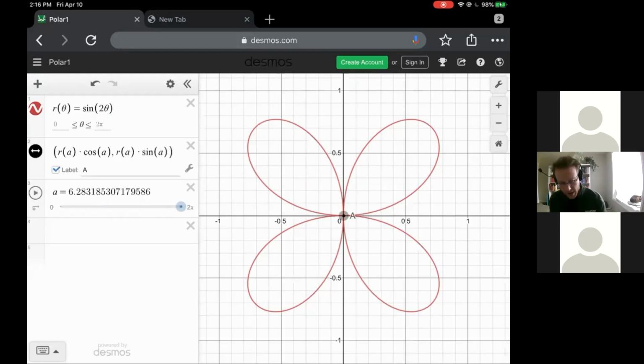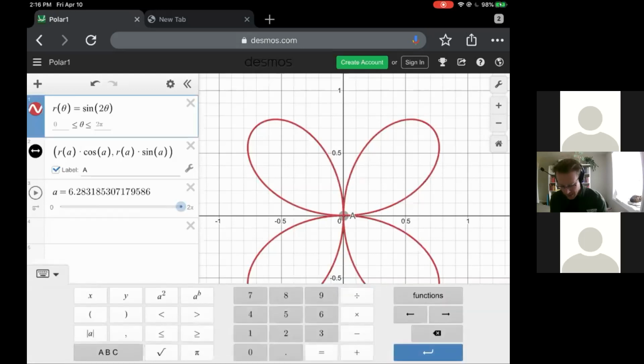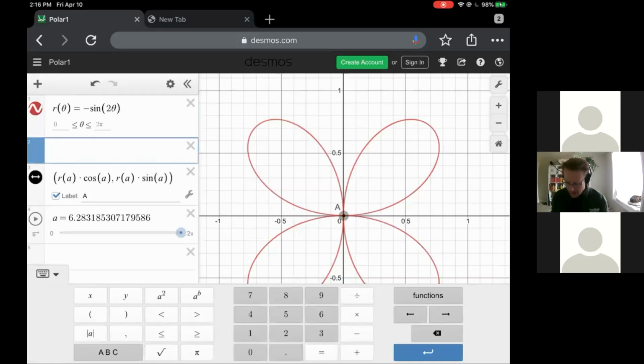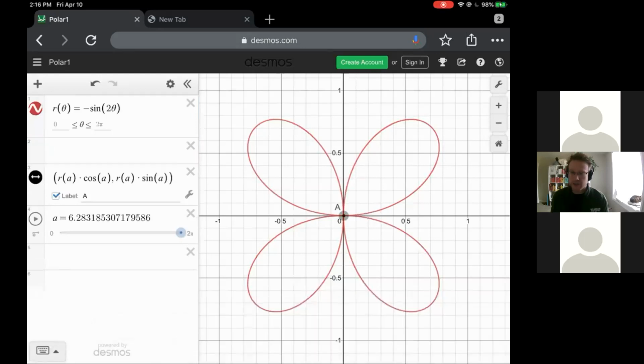And then I'm going to insert a negative sign here. So a negative sign and nothing else. You can see it's already started to graph, and they do graph the exact same graph. But now notice when I click play this time, it's going in the opposite direction. That's essentially all that's changing here. Still very enjoyable to watch.